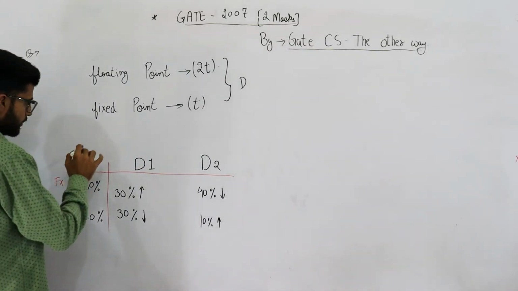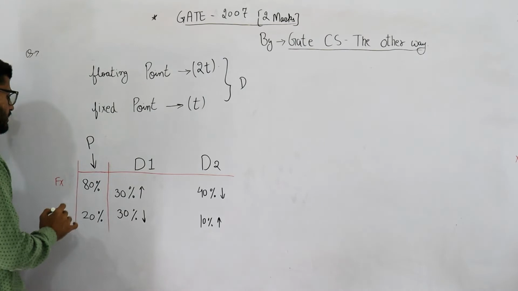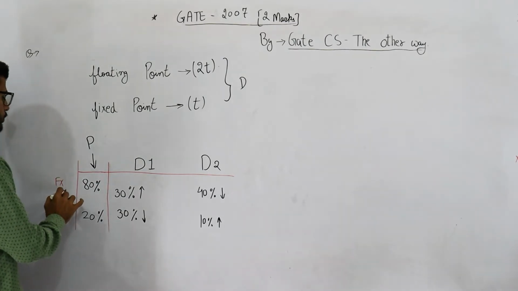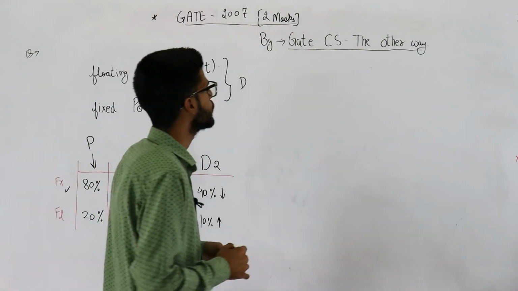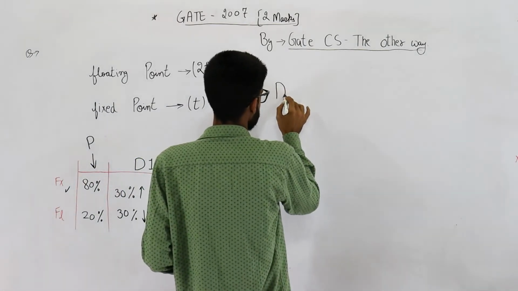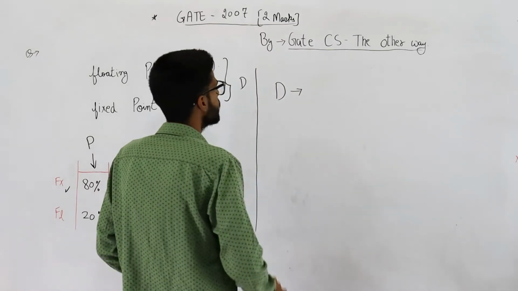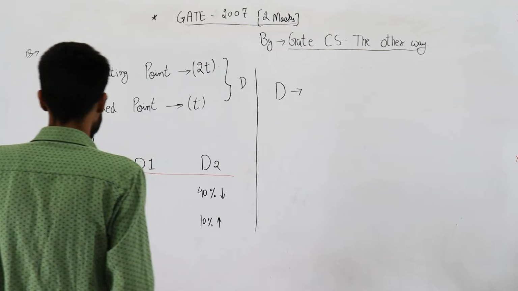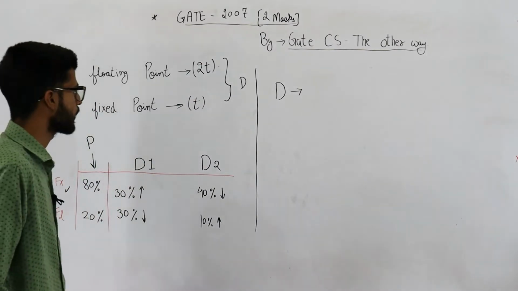And you are given that this is the program that you are going to execute, where 80% of the instructions use fixed point unit. Okay, so let's analyze how much time this design D is going to take. 80% of the instructions are fixed point.